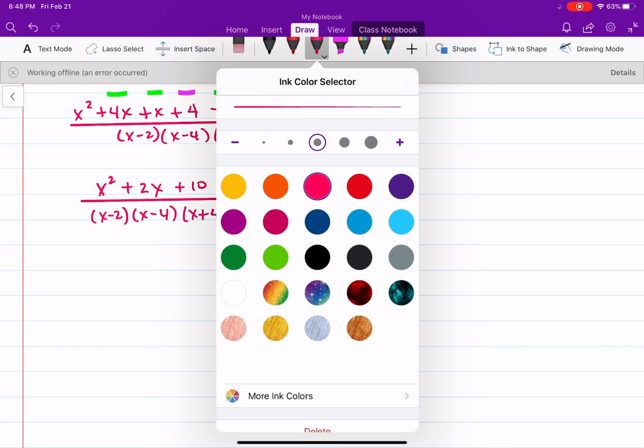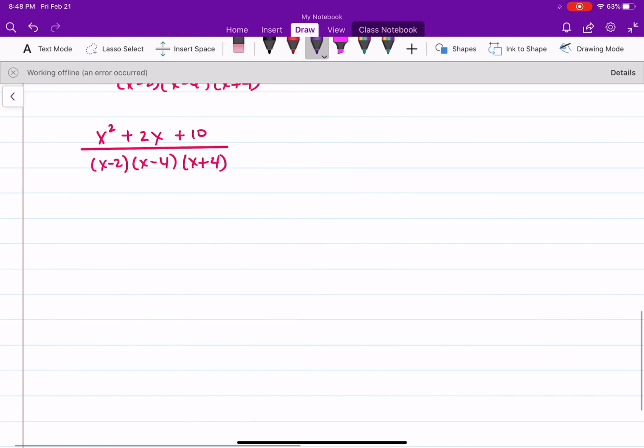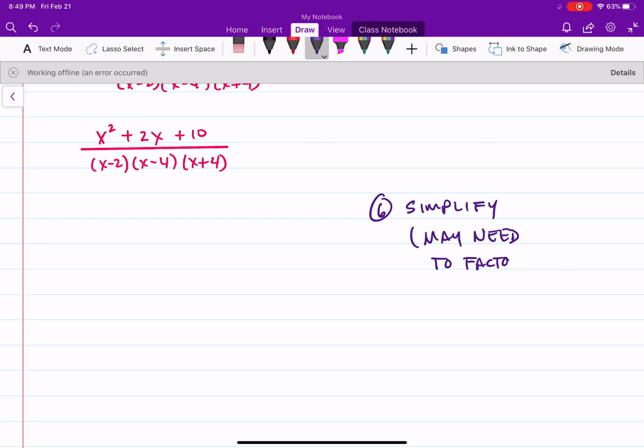So let's see what I haven't used. Let's go with the purple. All right, so step 6. Step 6 is going to be simplify. And the warning here is that you may need to factor.